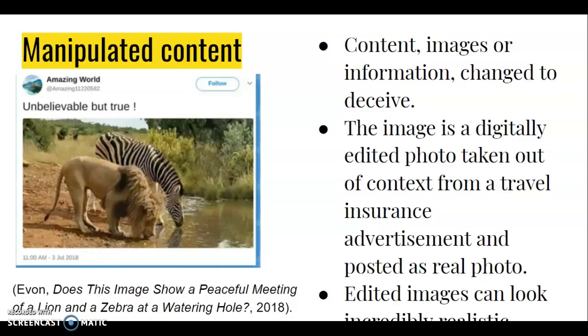Note how realistic it looks. Seeing doesn't necessarily mean believing when it comes to online photos. Of course, part of the reason this photo went around is because it's kind of a cute photo. You want to believe that the lion and zebra are getting along, but in the actual wild, these two animals would generally stay away from each other.